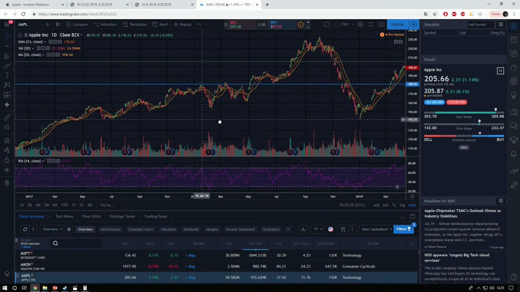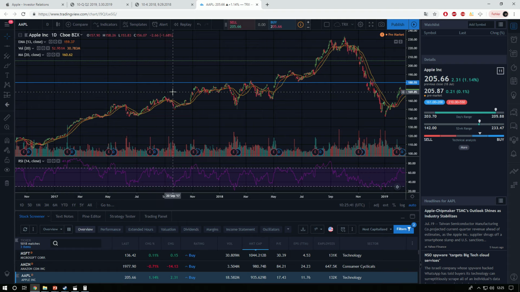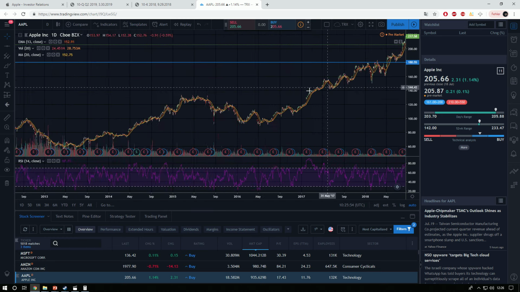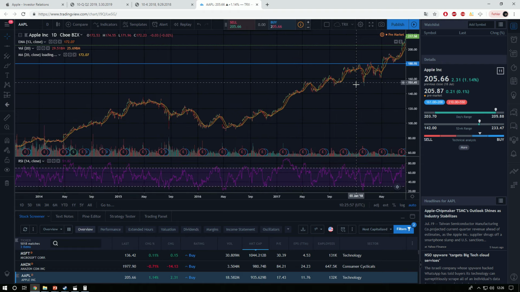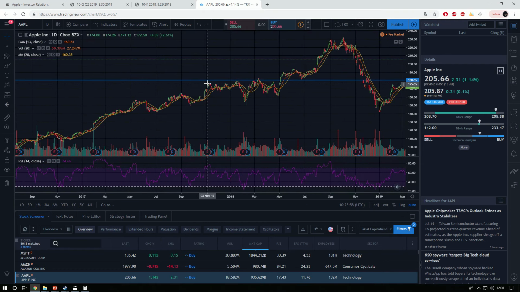If we go a little bit to the left, looking at the past, you can see that we are approaching 180, and at 180, which is the round number, it pretty much reached the all-time high, which is almost like it already reached an all-time high over here, as you can see if I scroll all the way back. So we pushed up to the all-time high, retracted a little bit, pushed up again to the all-time high 180, and then it failed and people just sold off the stock.